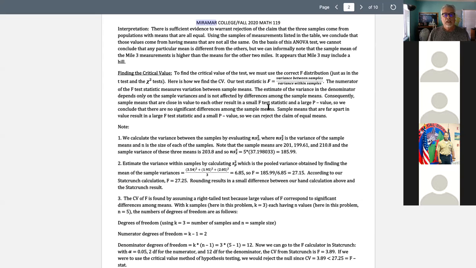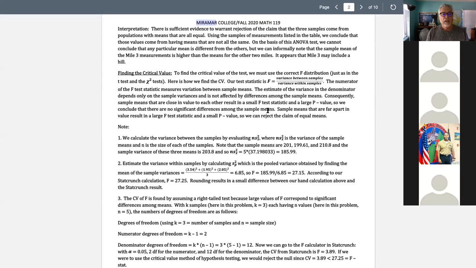In general, sample means that are close in value to each other result in a small F test statistic. We can cook up examples where the sample means look close, but the variation within the samples throws us off. We might have a lot of spread in that particular sample of size N. We'll consider in this one-way analysis of variance that we have equal sample sizes across the K samples.